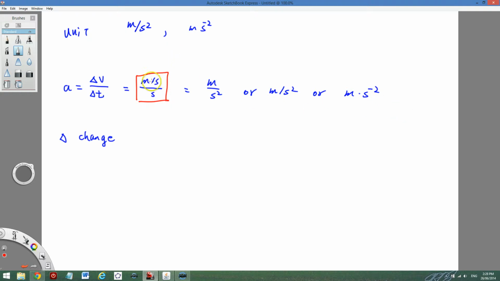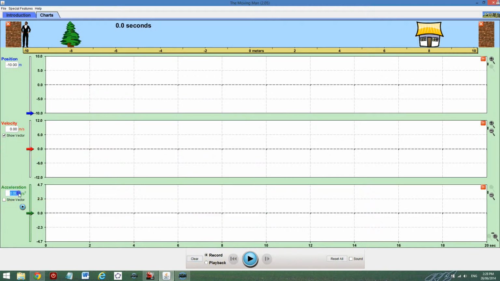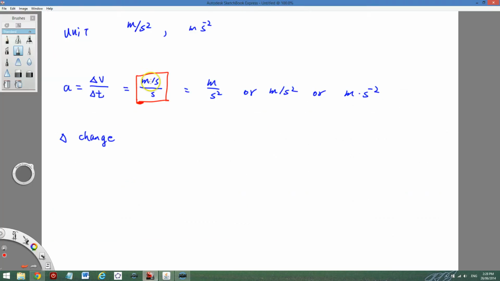But if you look at the original unit, it's meters per second divided by second. It indicates how fast the speed is increasing. For instance, if the acceleration is 1 meter per second squared, then it's 1 meter per second per second.